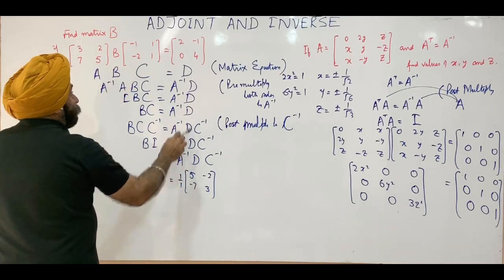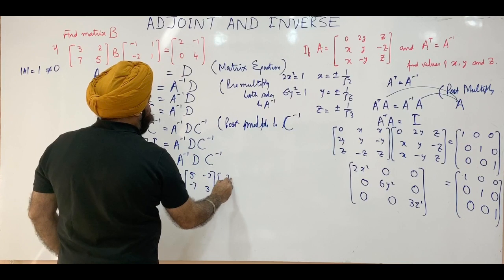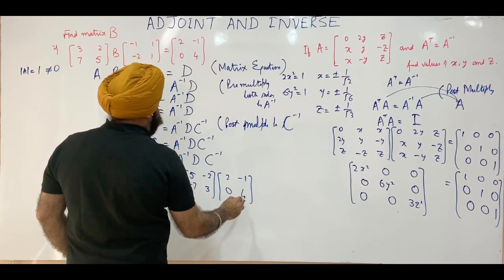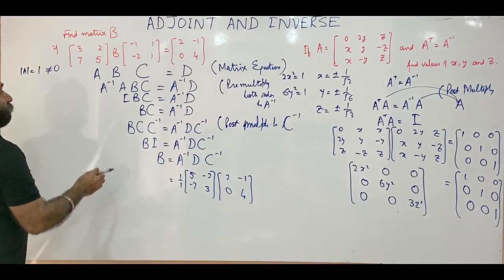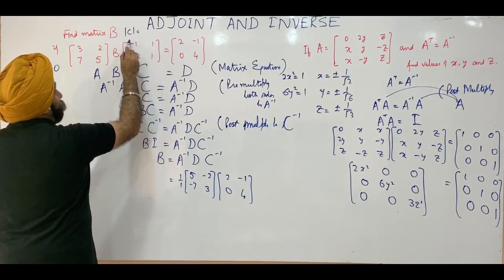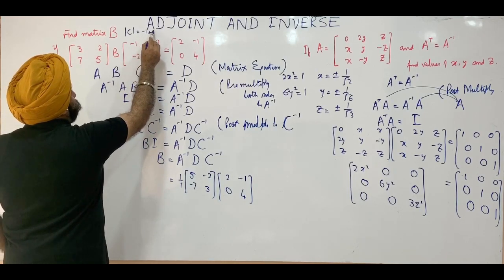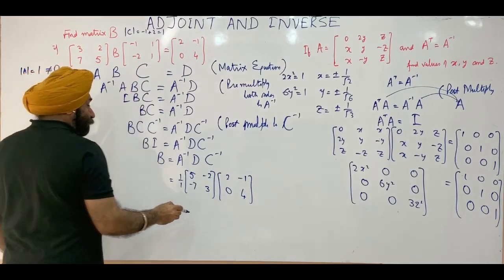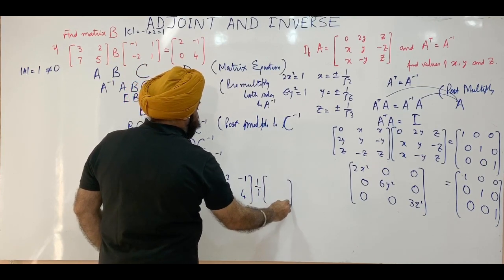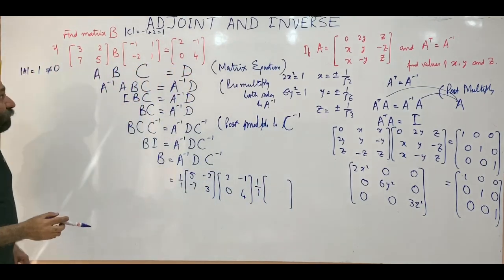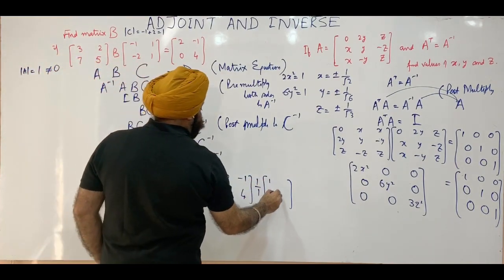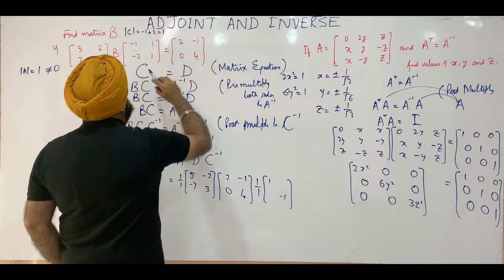Then we have matrix D, the given matrix, 2, this is minus 1, this is 0 and this is 4. C inverse, this is C. Let's check the determinant of C. It's minus 1 plus 2, this is also 1. So we have 1 by determinant of C into adjoint of C. Again, interchange the diagonal elements, change sign of these.